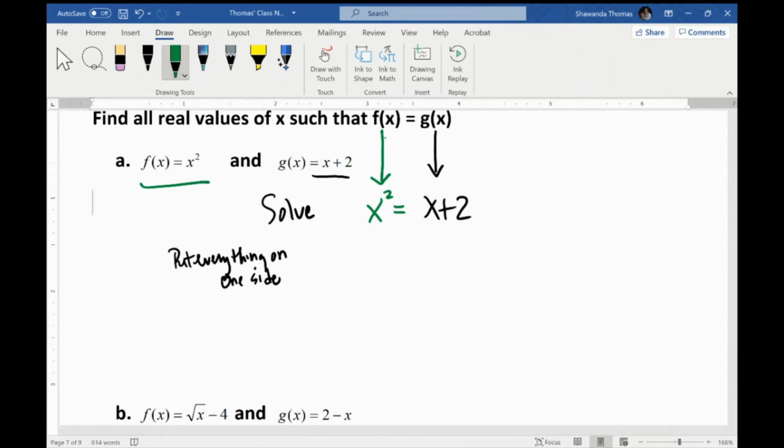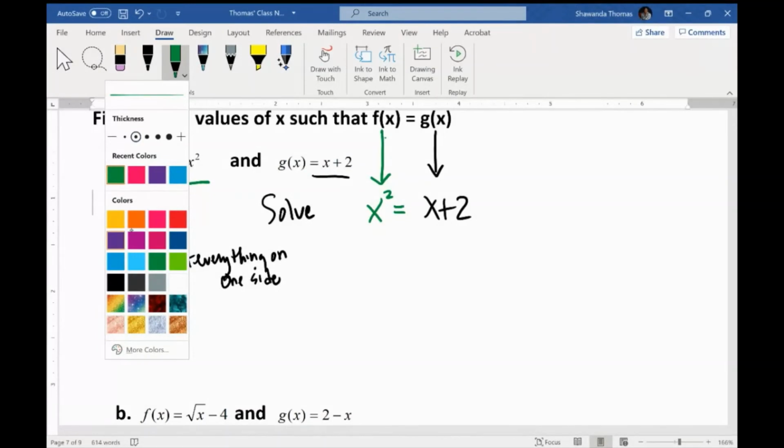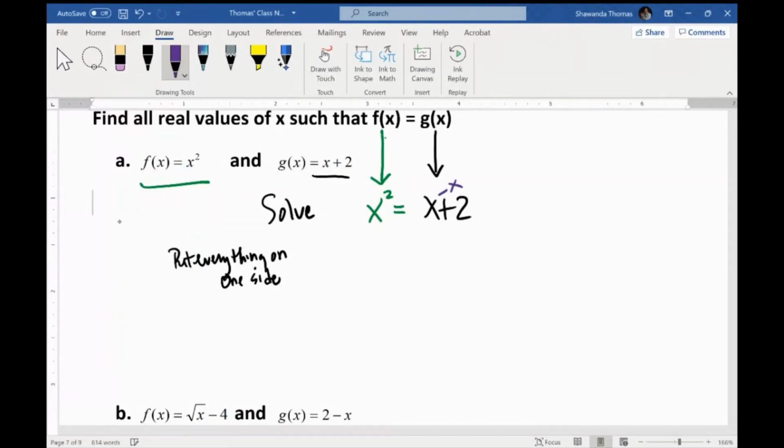So we're going to move -x, and we're going to move 2 by subtracting 2. So what we have now is x squared on the left side, a -x, and a -2 equal 0. So we subtracted x from both sides, and we subtracted 2 so that everything will fall on the left side.